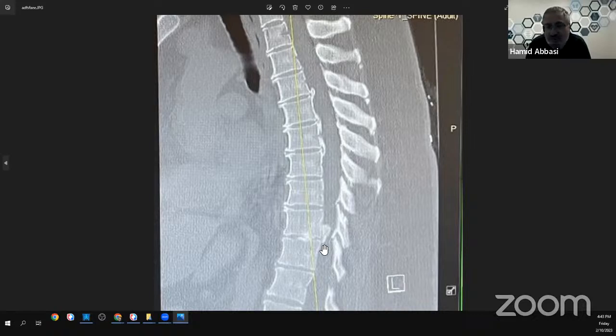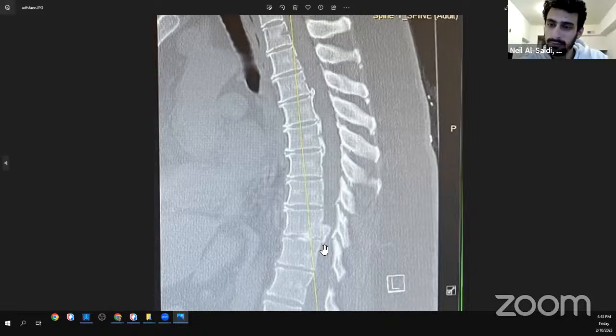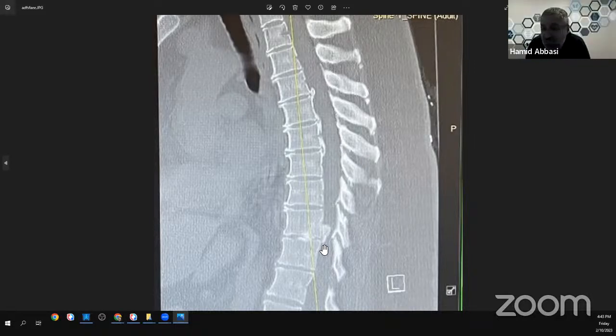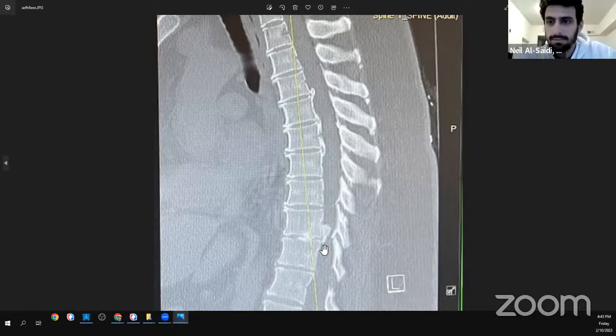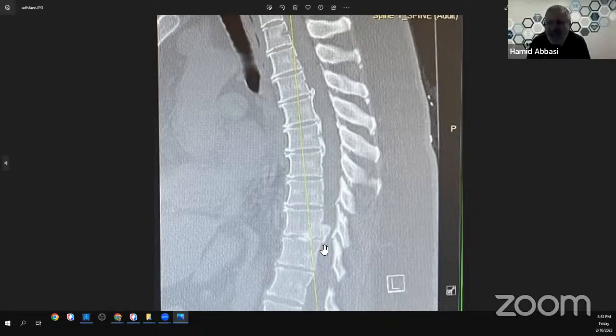Okay, so let's talk about the first motor neuron and the second motor neuron. When you're a baby, the nerve cell for the L5 nerve is at L5, and for S1 it is at S1. But as we grow up, bone grows faster than spinal cord, so the cord retracts.